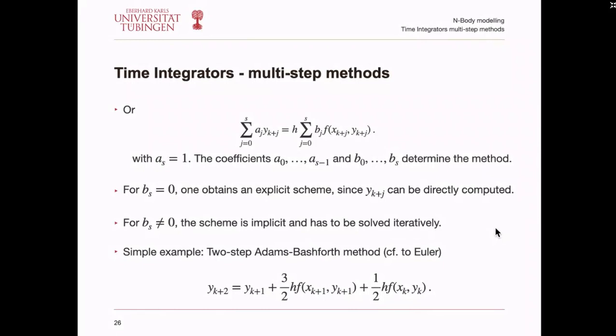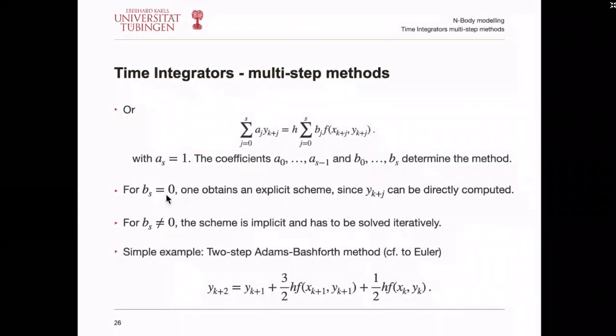I hope that you can follow the talk, I mean the slides. There's so much text on the slide. So we've been here at the equation for this multi-step method, and for BS, the last term in this sum, when this coefficient is 0, then we have an explicit scheme, because then it doesn't depend on the new value, because we want to calculate k plus s.